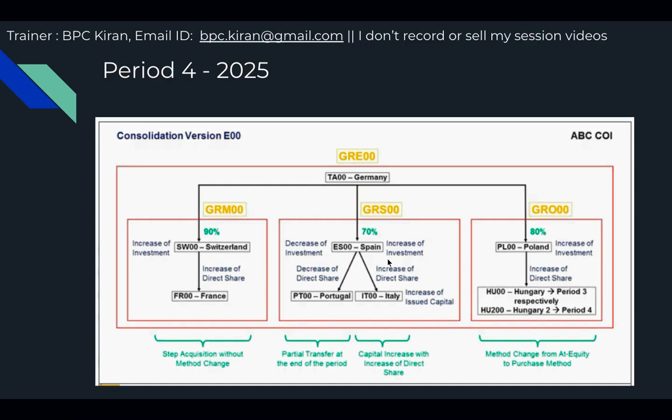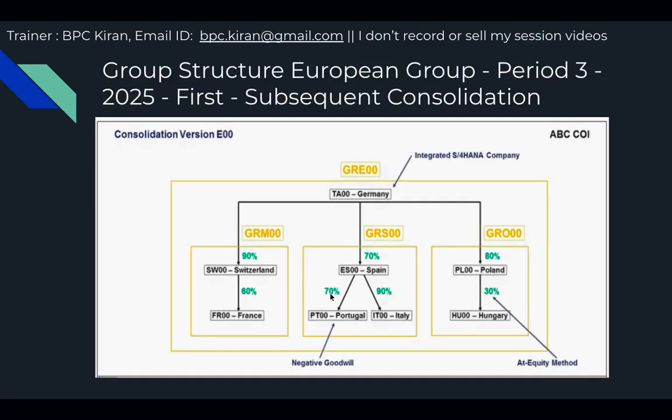In this group, Spain has investments in Portugal and Italy. So we are going to cover two scenarios here. First scenario, partial transfer at the end of the period. Partial transfer in the sense that, for example, Spain invested 70% in Portugal, and 20% they are moving to some other group, for example GRO00.